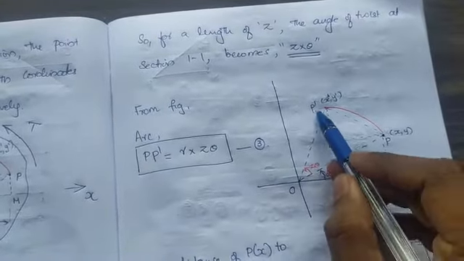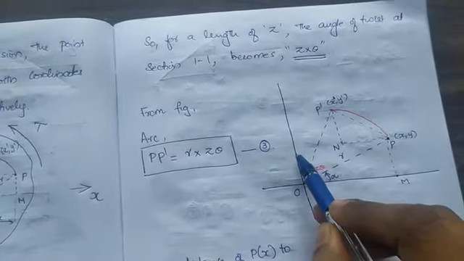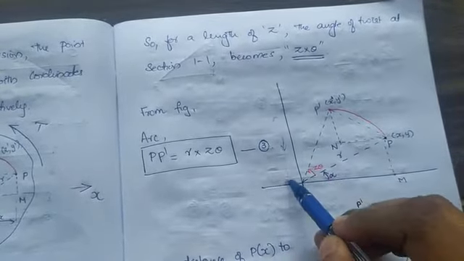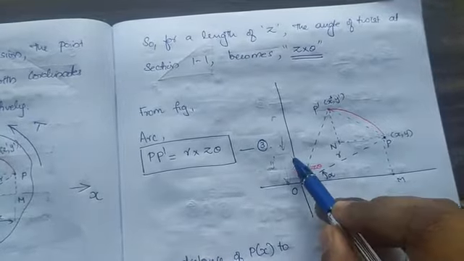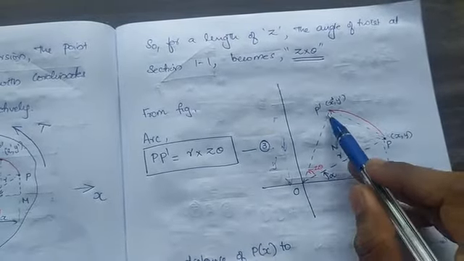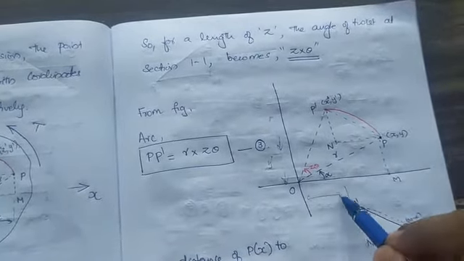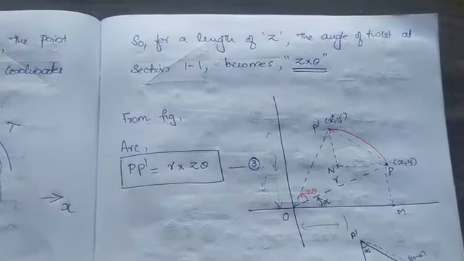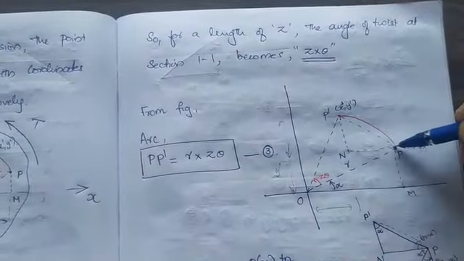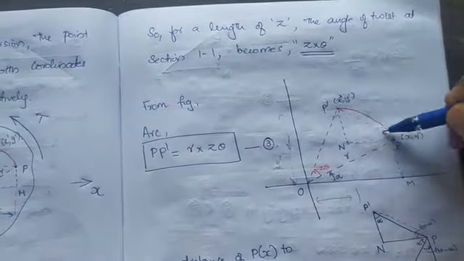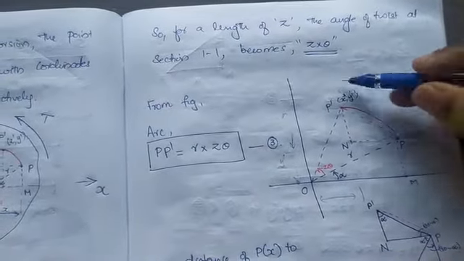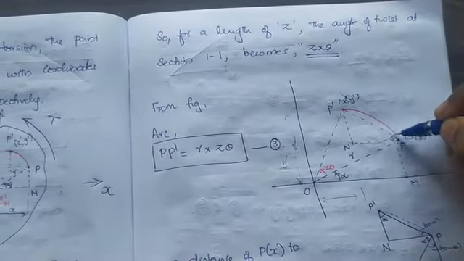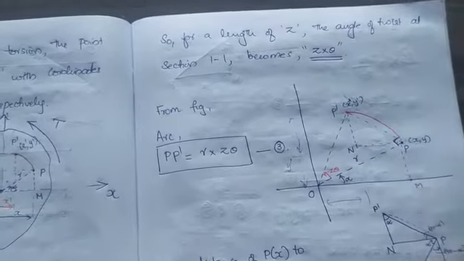So this whole distance is y bar and this whole distance is x bar, right? Now from here you know that this is an arc. If you make a tangent like this, it will be perpendicular, so this angle will be 90 degrees, right?